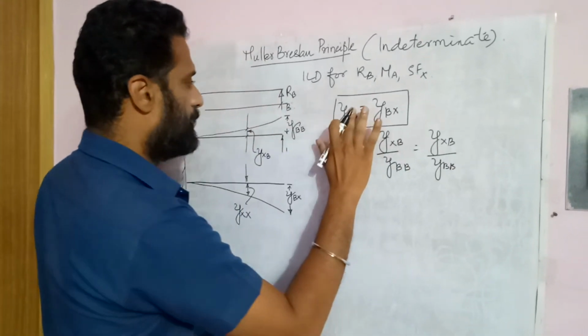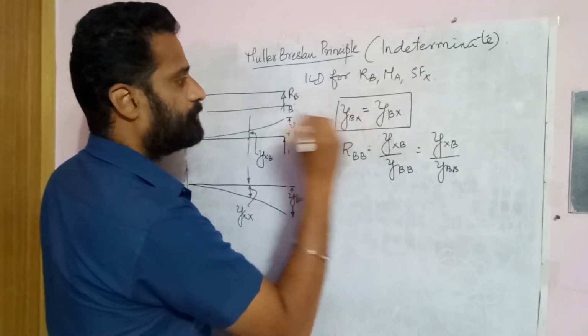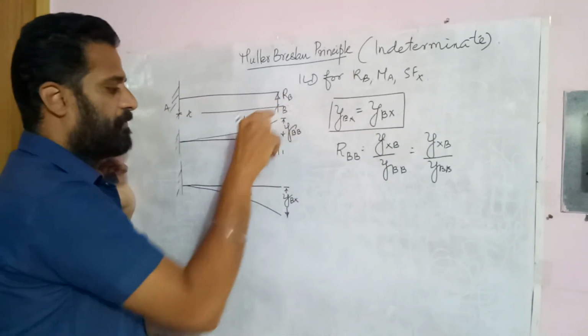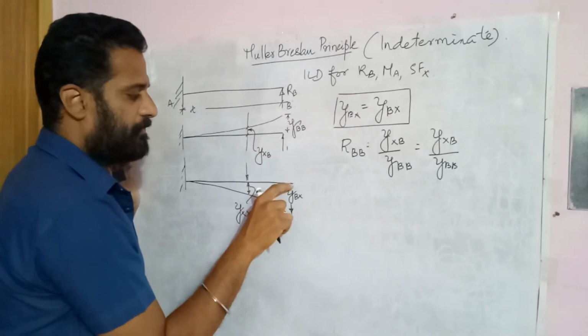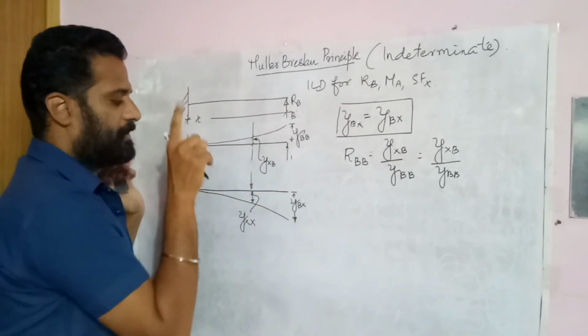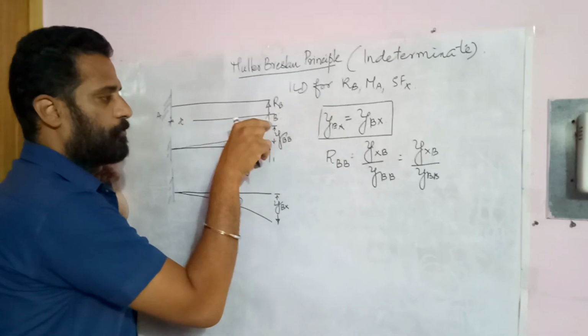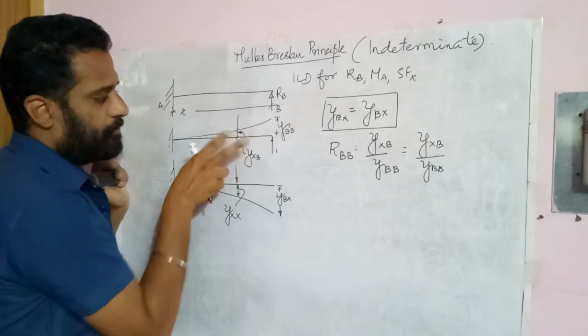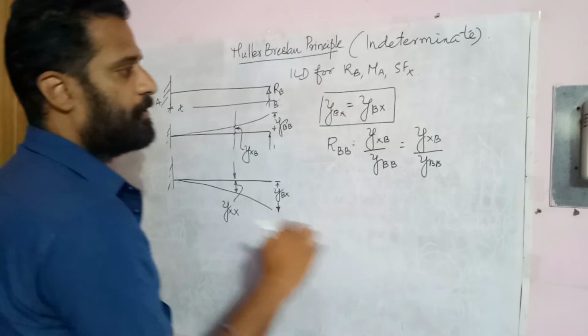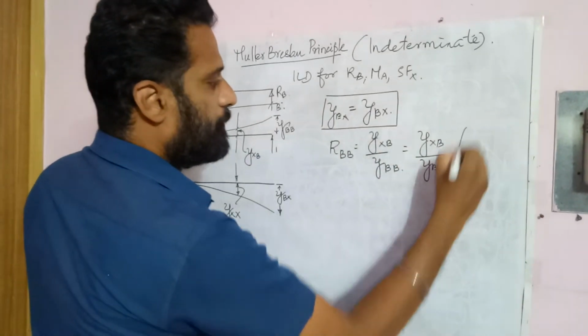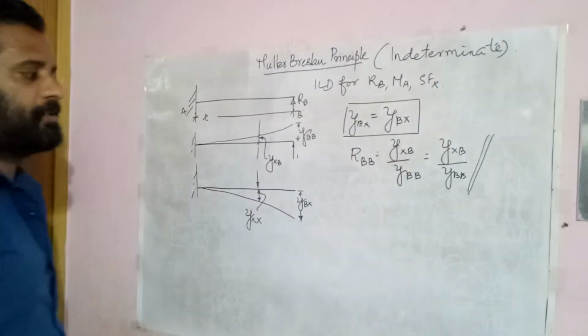I'm sorry, this one is BX. This deflection should be equal to this deflection, and this load will be equal to this load. That is the reciprocal theorem. So this is the equation for finding the reactions.